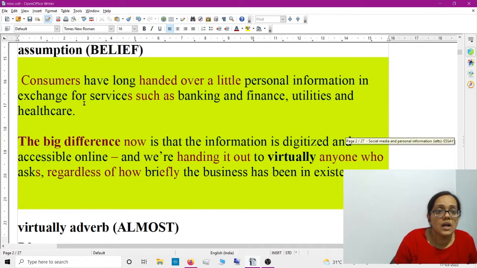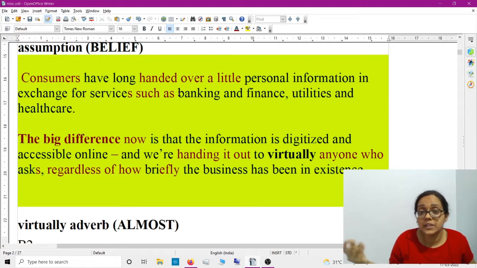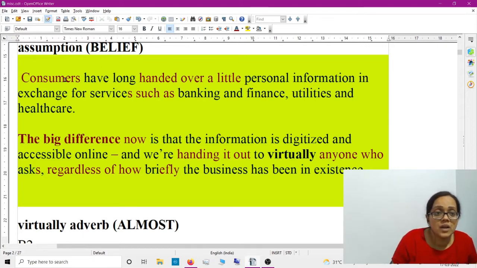Consumers have long handed over. See, now we have to collect the information, handed over. Some vocabularies are there. So one is like we are saying consumers, regular users. Those are all the synonyms which we are using for paraphrasing.